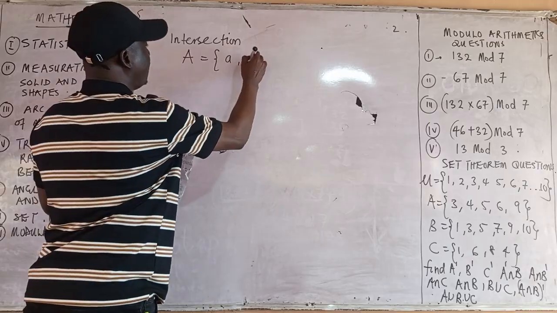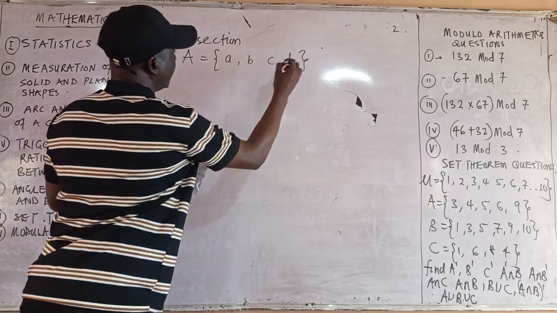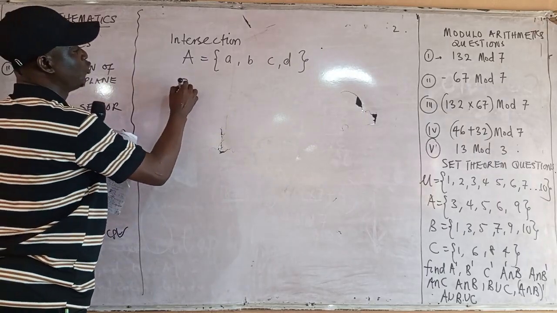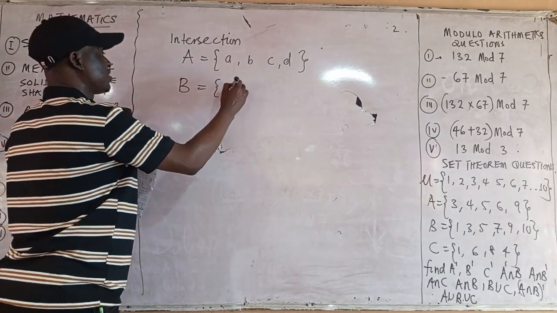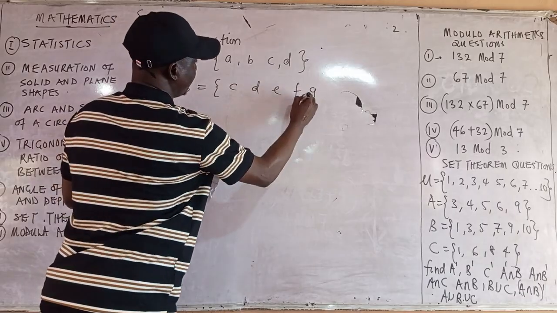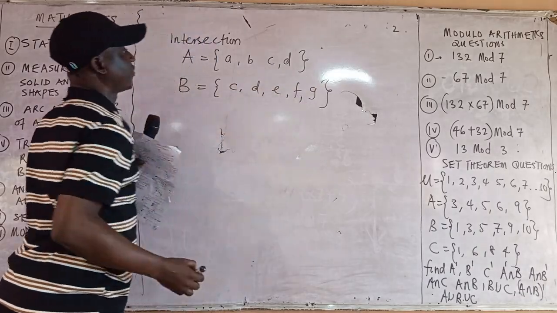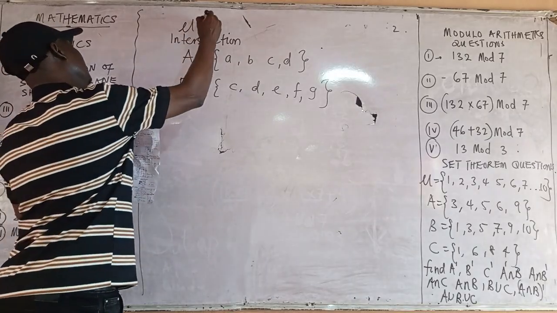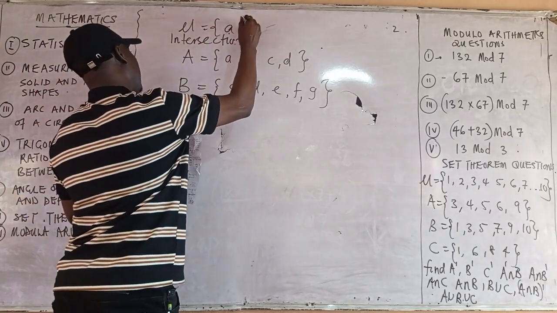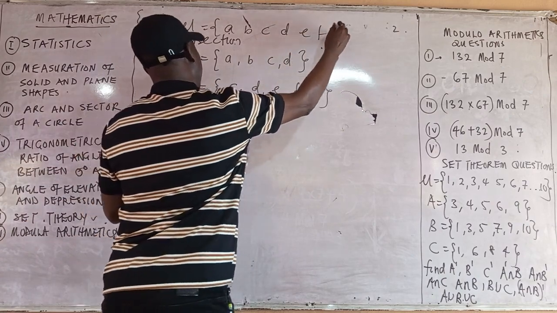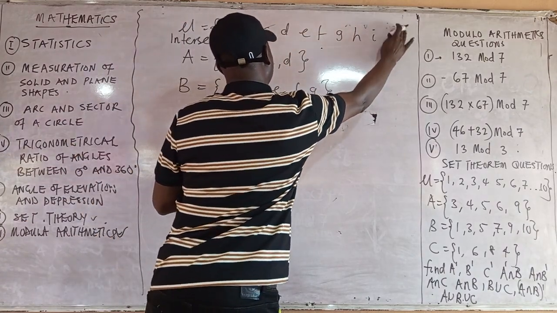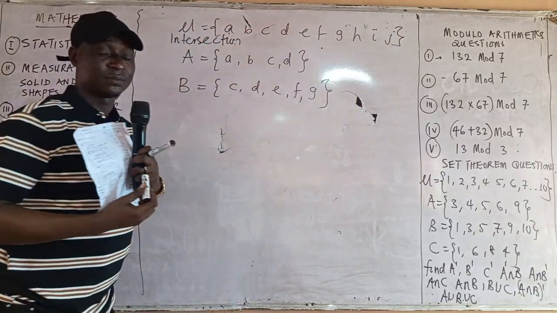Let's say we have A = {a, b, c, d}, and B = {c, d, e, f, g}. Let's say the universal set is {a, b, c, d, e, f, g, h, i, j}. This is the universal set.